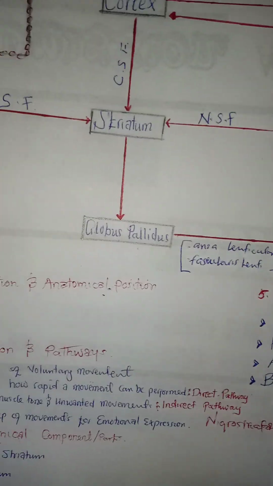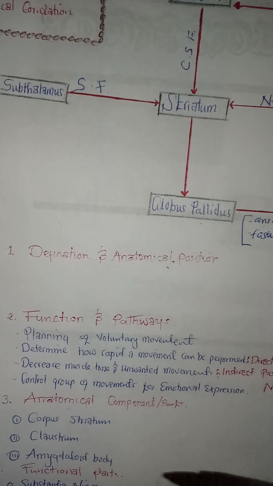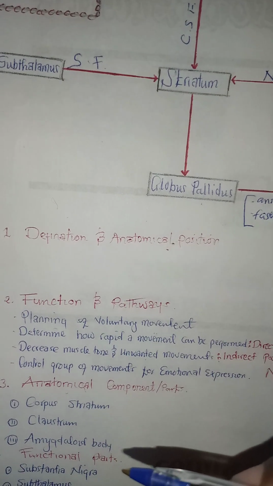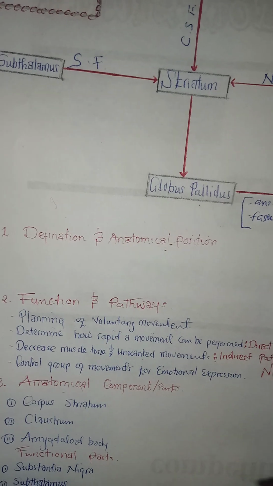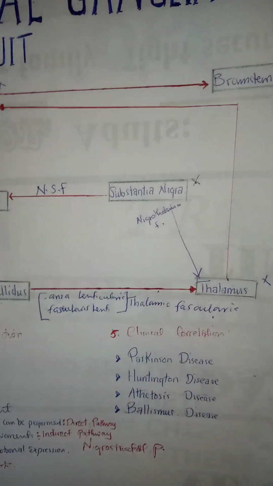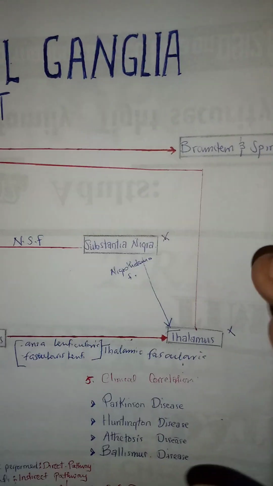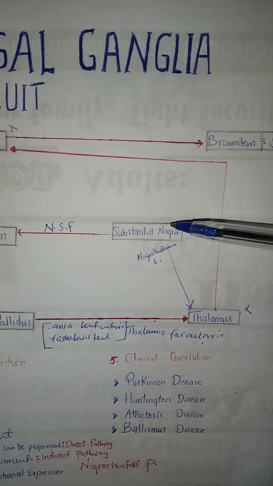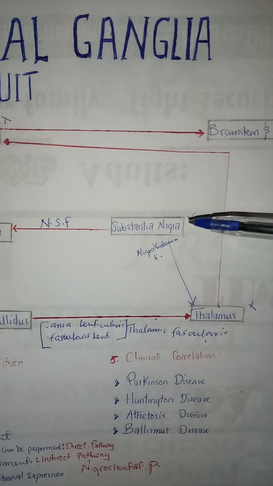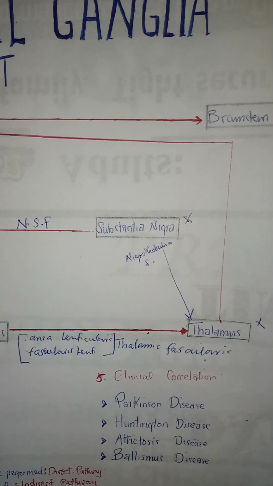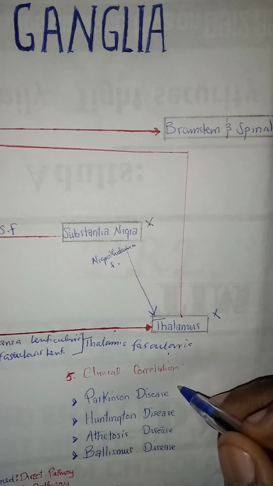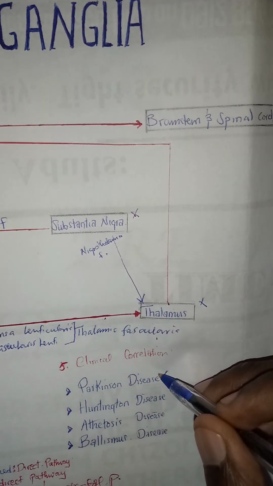So having talked about the anatomical as well as the functional parts of the basal ganglia, now we need to talk about the clinical correlation. Okay, so what happens if there is a lesion to this part, substantia nigra? So if there is a lesion to substantia nigra, someone will develop a condition called Parkinson's disease.